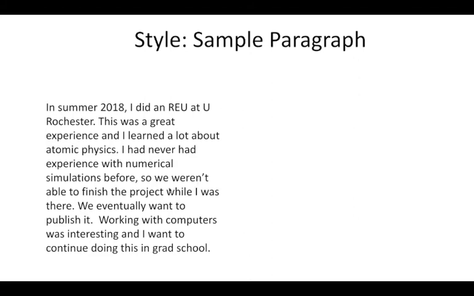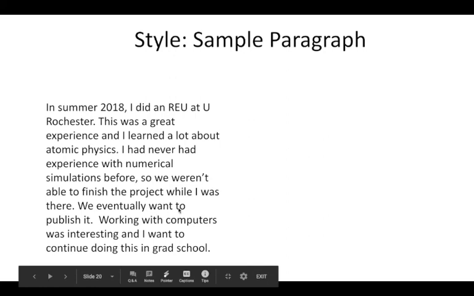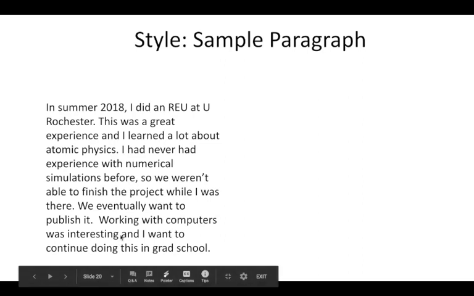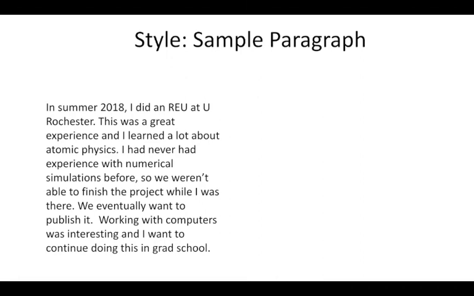We learned that the project wasn't finished, but we also get an implicit promise that it will be completed, as in we eventually want to publish it. Also, true to what we had said earlier, it dials back into the purpose for graduate school: working with computers was interesting, and I want to continue doing this in grad school. So we have some sort of promise: this research was relevant to me because I want my future research to model on it in some way.